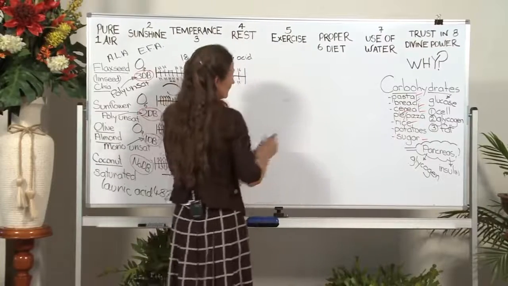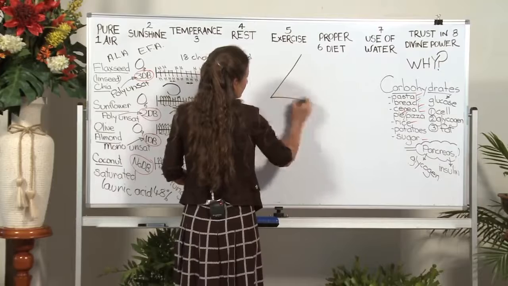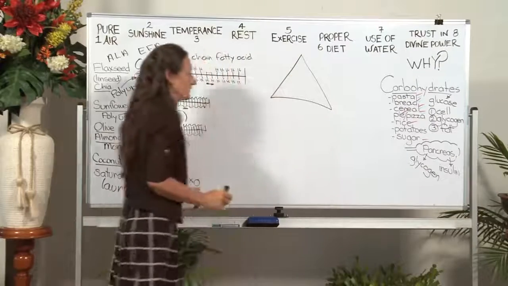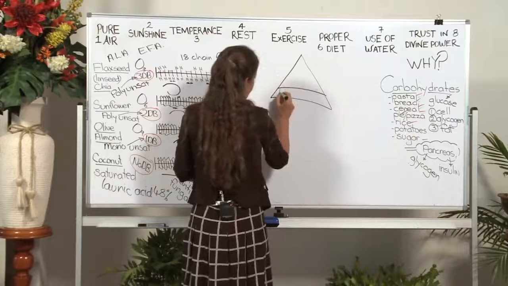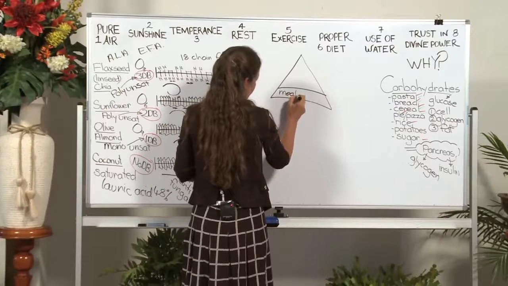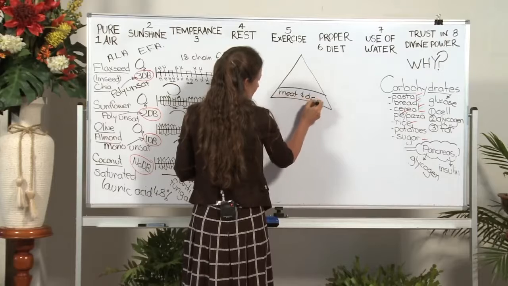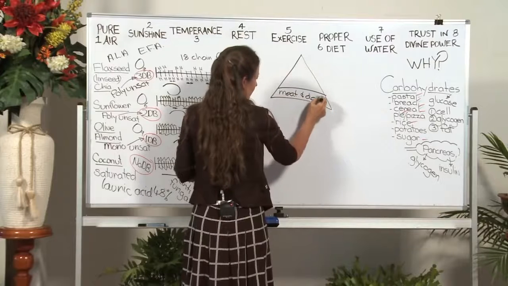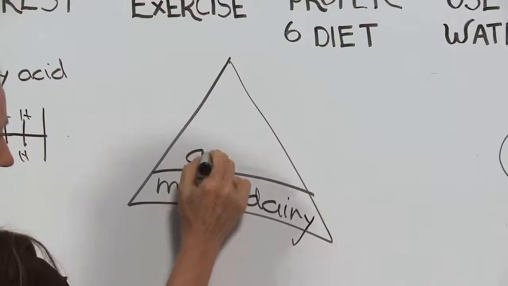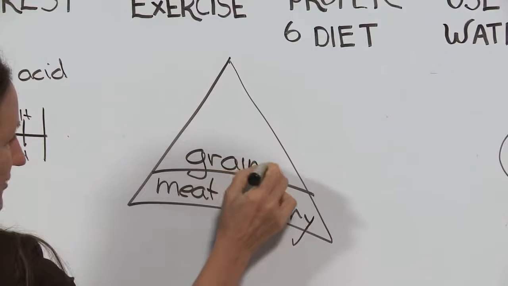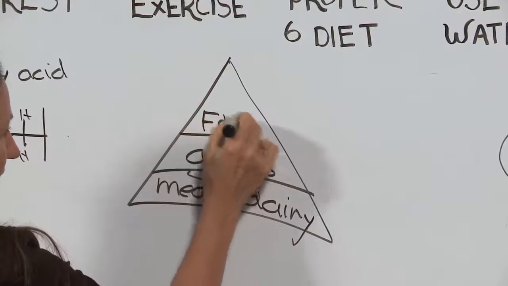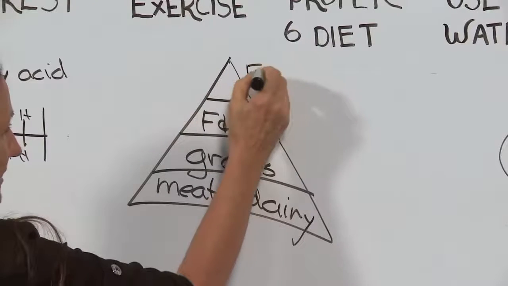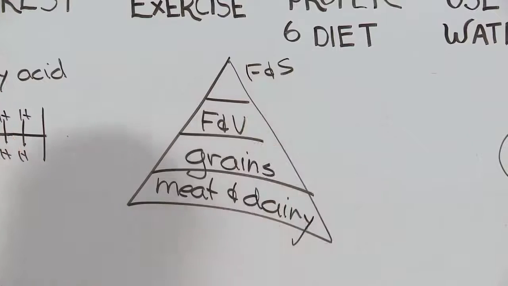When I was at school, there was a triangle in the Common Sense cookery book. And the bottom rung of the triangle was meat and dairy. The next rung of the triangle was grains. And the next rung of the triangle was fruit and vegetables, and right up the top were fats and sugars.